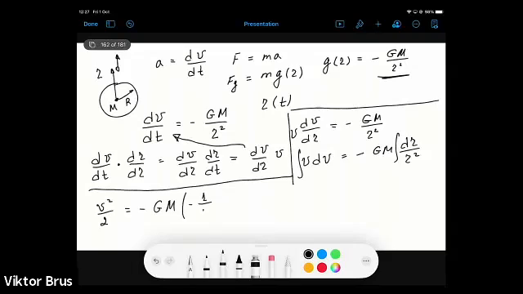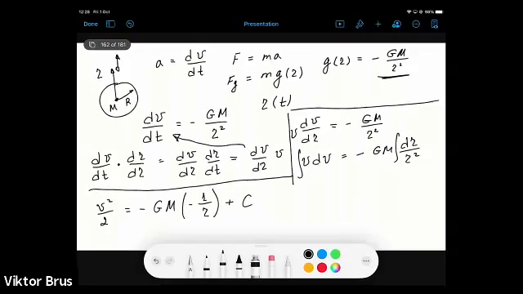And of course, we don't forget about constant. This constant is like sum of two constants which originate from both integrals. So we have this equation with some constant, and we need to apply some boundary condition in order to determine this constant.